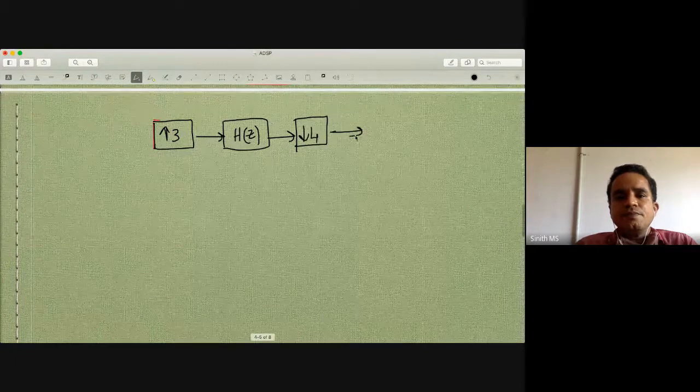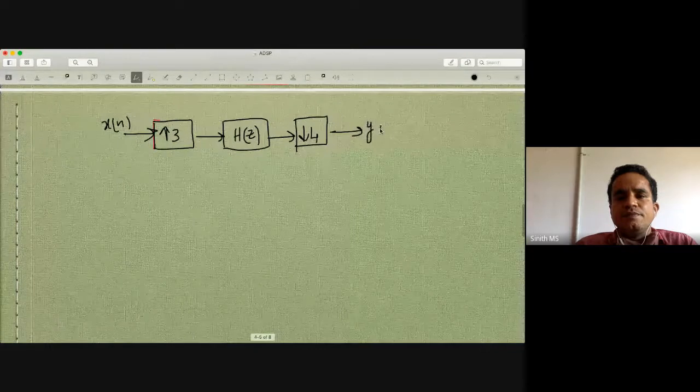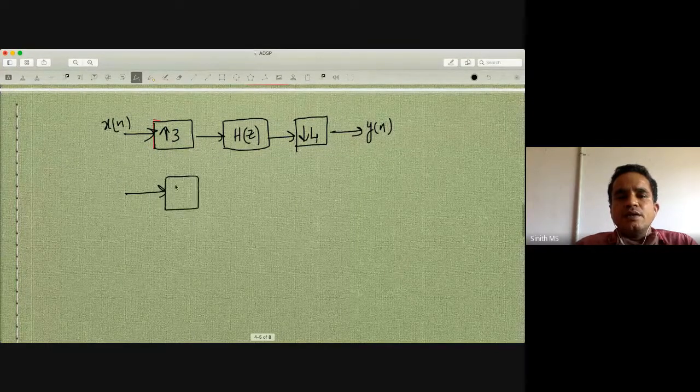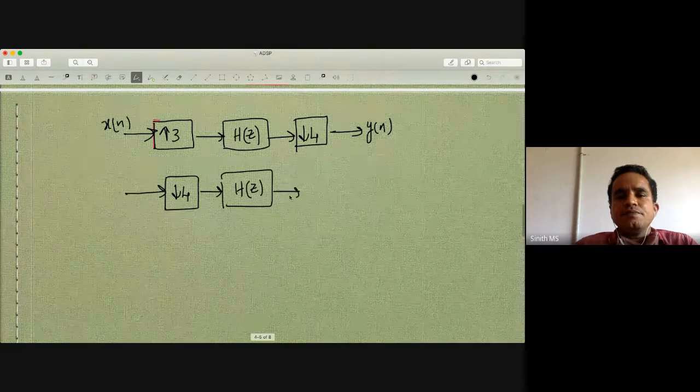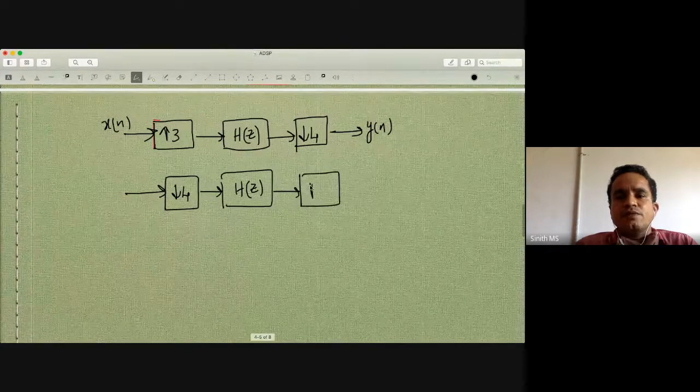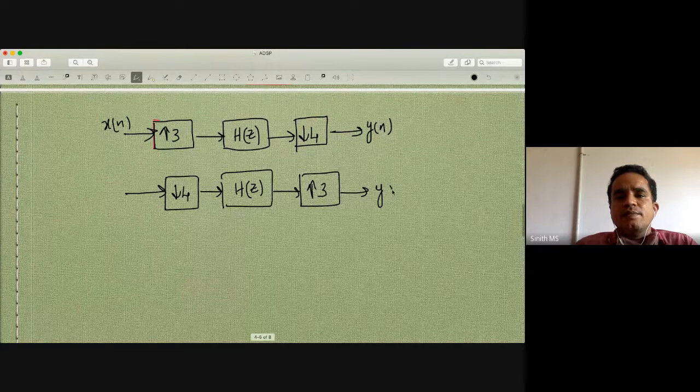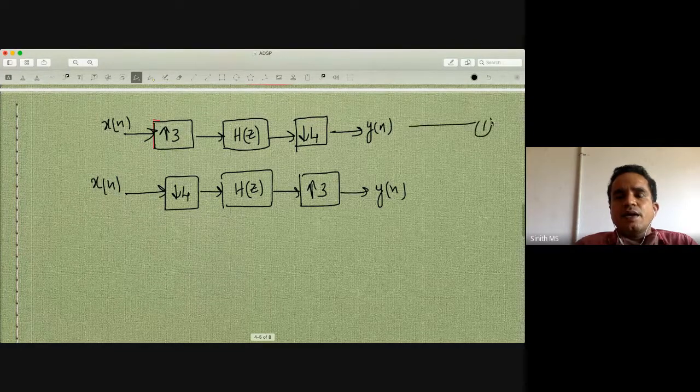If you have x(n) here and y(n) here, can you replace this with a downsampler by a factor of 4, H(z), upsampler by a factor of 3? Is this possible? Is this correct? Can I represent the first block as the second? Are 1 and 2 equivalent?